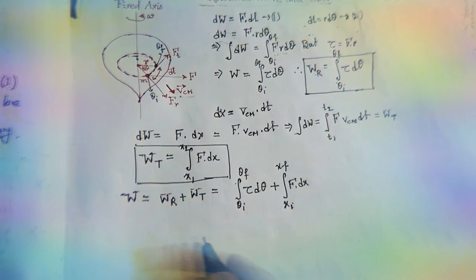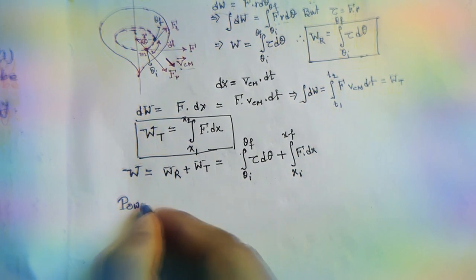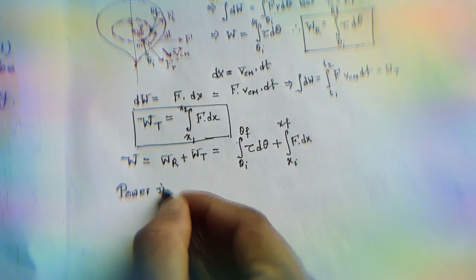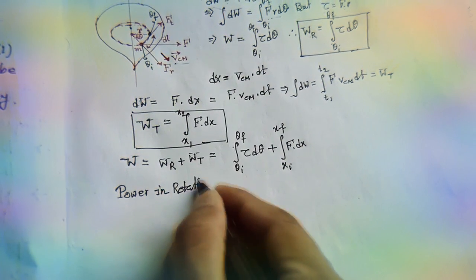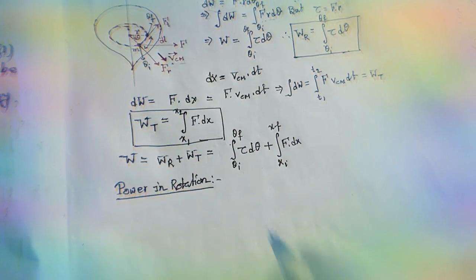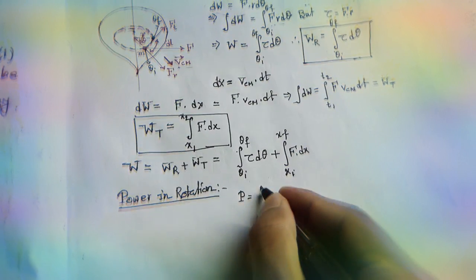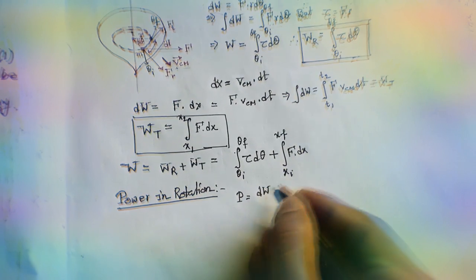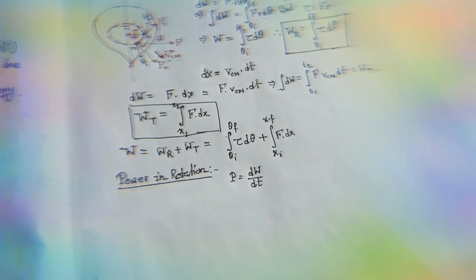Now we will find the power in rotation. For finding the power of rotation, as we know, power is defined as the rate of change of work, meaning dW with respect to dt. This is called power.